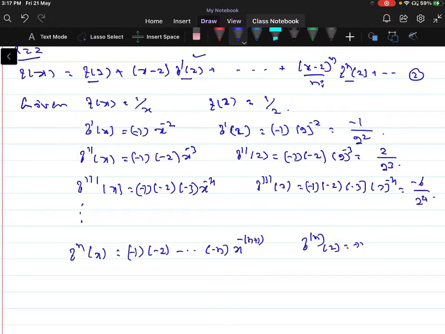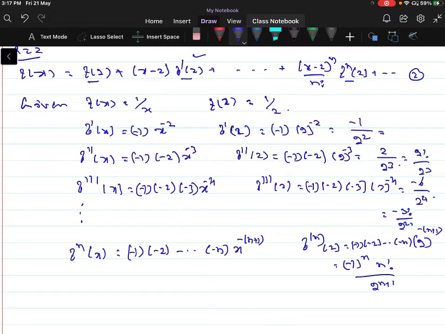This can be written as (-1)^n n!/2^(n+1). Similarly, f'''(2) can be written as -3!/2^4, f''(2) as 2!/2^3, and f'(2) as -1!/2^2.